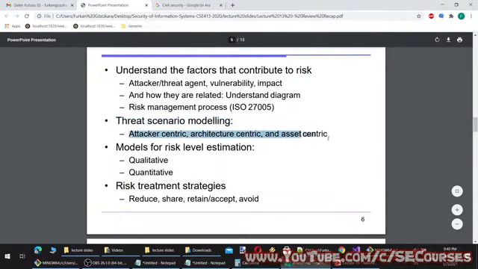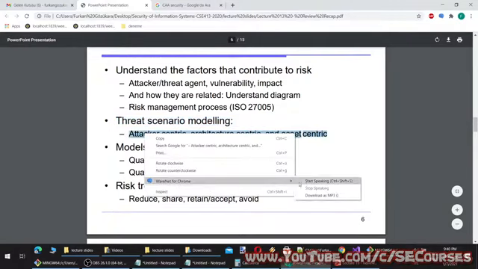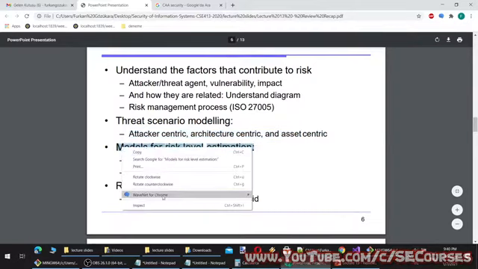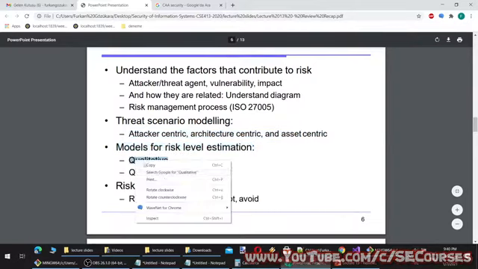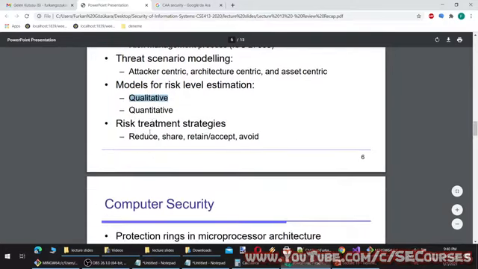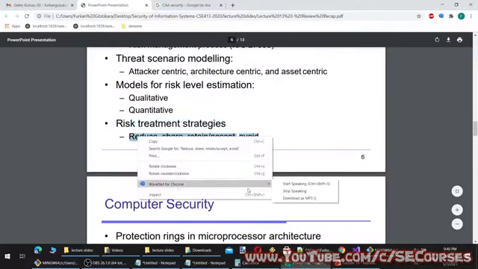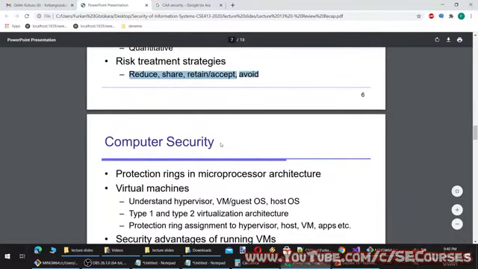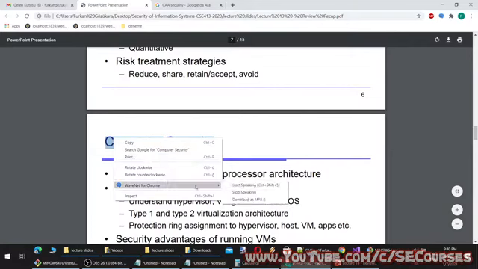Threat scenario modeling: attacker-centric, architecture-centric, and asset-centric. Models for risk level estimation: qualitative, quantitative. Risk treatment strategies: reduce, share, retain, accept, avoid.